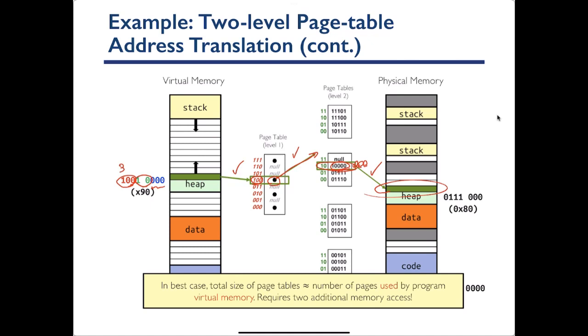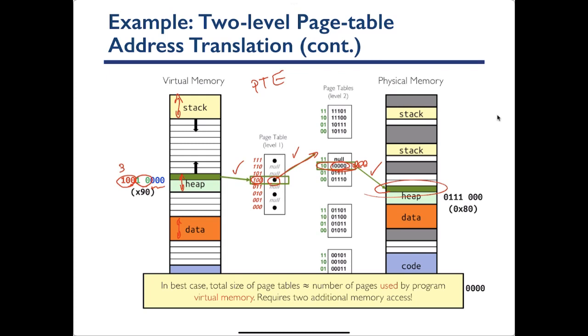So the benefit of this is now the number of page tables that I'm using is proportional to the number of pages that I'm using, right? As I said, the number of virtual pages that my program uses is usually limited. So I have reduced the number of page table entries that I need to be proportional to the number of virtual pages that I'm using. This was not the case with the flat representation, because in the flat representation, I didn't care how many virtual pages I'm using.